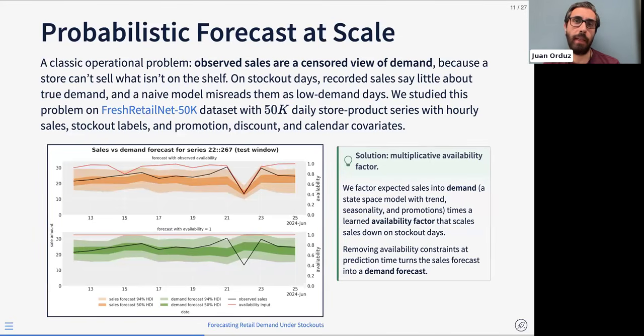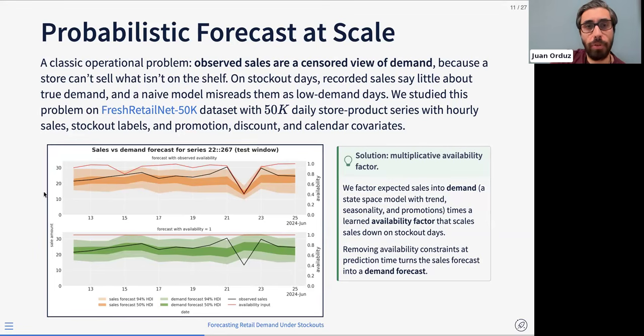Of course, if you have 0 sales, it's different if the 0 sales is because you didn't sell anything, meaning people didn't care about it, or because you didn't have stock that day. So being able to model this efficiently is very important in many applications.